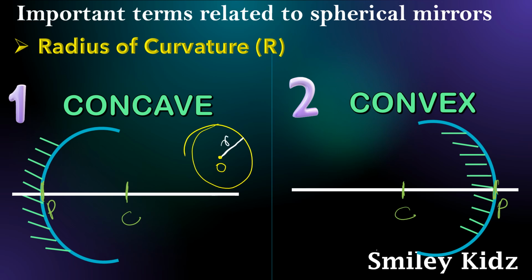Exactly in the same way, the radius of curvature is the distance between P and C. This is termed as the radius of curvature, which is denoted by capital R. And for convex, it is the same as that of concave. The distance between P and C is termed as the radius of curvature, denoted by capital R.